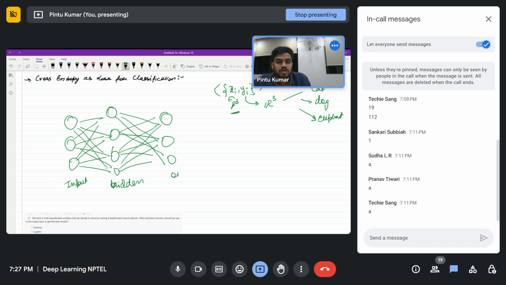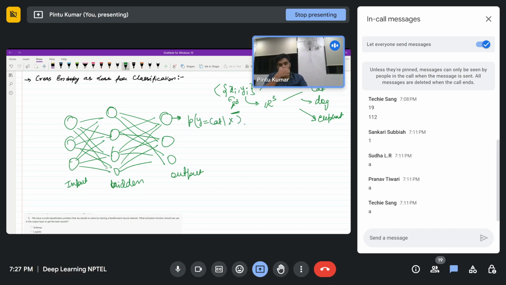Now in classification, for this output layer, what we want is that my first output perceptron should tell me the probability that my input, whatever I have given, is a cat. So, what is the probability that my y is cat given whatever input I have?